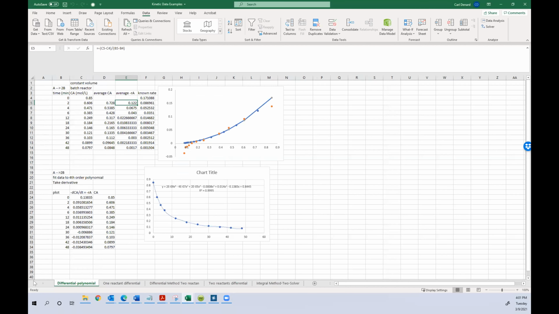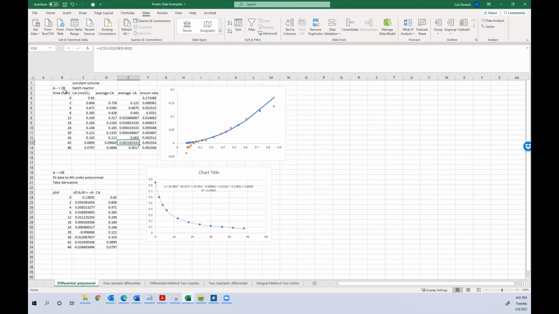Okay, this is in the book. Can you see that Excel sheet screen? I can't tell. Yes, we can see it. Okay.